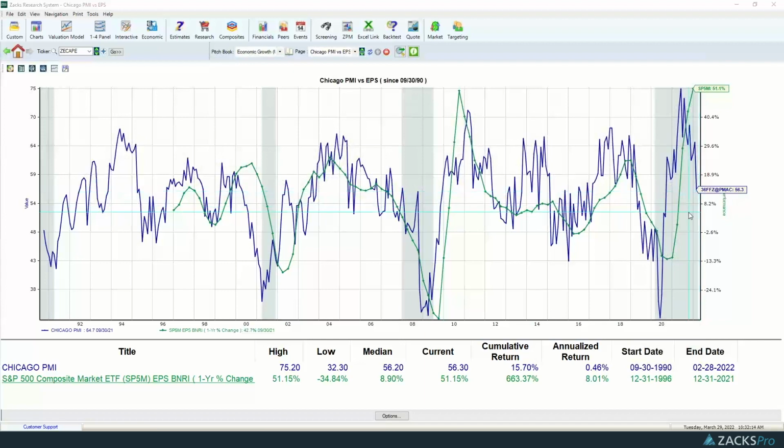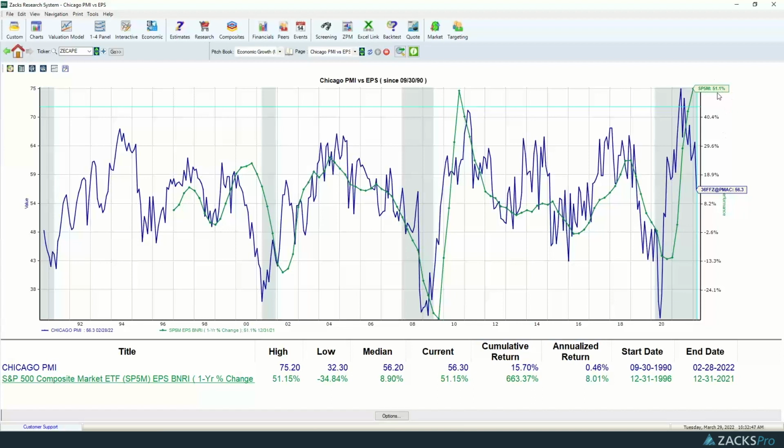If this does fall below 50, I would start to get worried that S&P 500 earnings may start to slow down and start to come down a little bit here. But again, these are very strong comps. The year-over-year percent change on the S&P 500 earnings growth is still very strong. So even if this year-over-year percent change does roll over a little bit, that's not necessarily bearish.